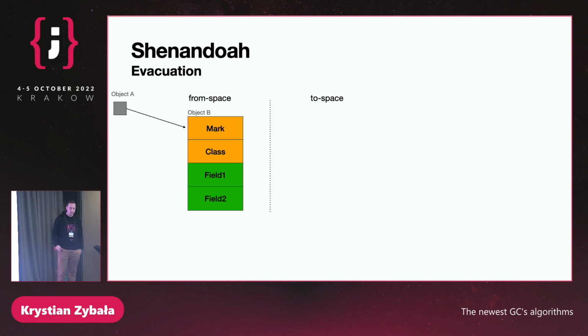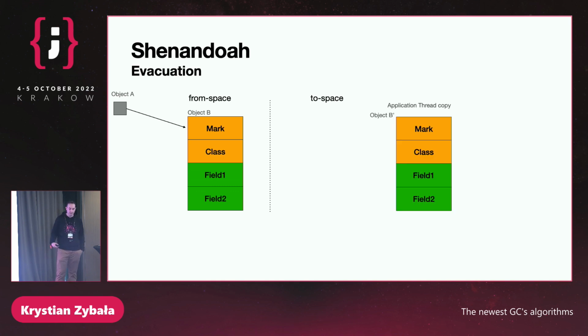And evacuation, it's basically, as you can see before, we have object A that has a reference to object B. We move the object to the to-space copy. And why is there a to-space copy? Because Shenandoah uses a load barrier.